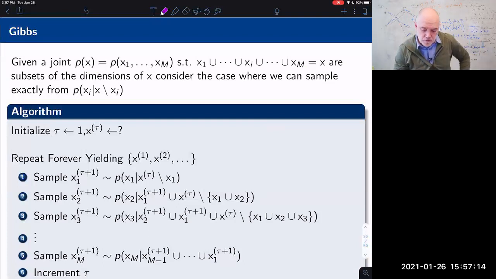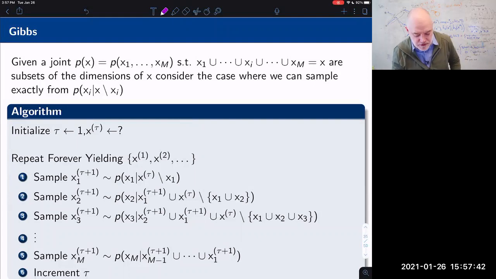Yeah, so let's take some joint distribution. Again, this could be a joint posterior distribution, but let's just think about a joint distribution here of x1 to xn. And this is horrible notation, but it basically means that x is some vector. But we're going to say these are sets of variables, and the union of the sets of variables is equal to this entire vector x.